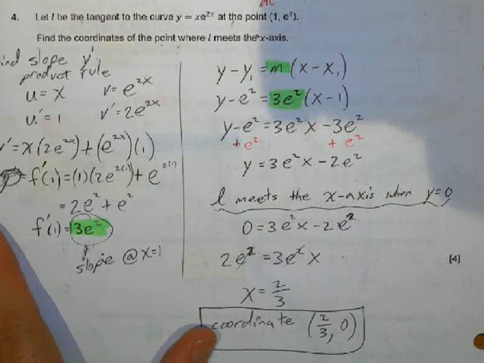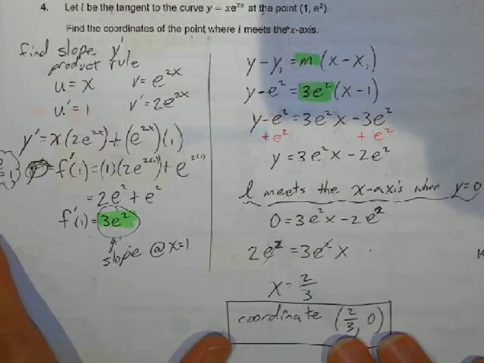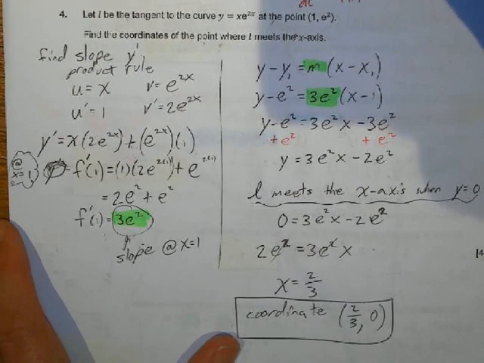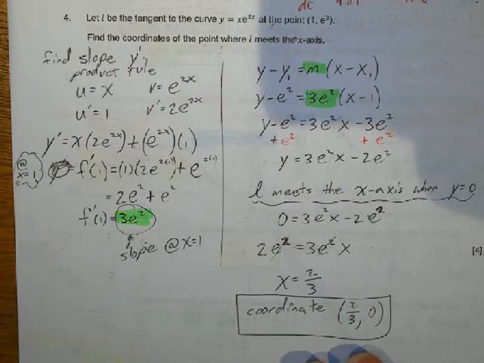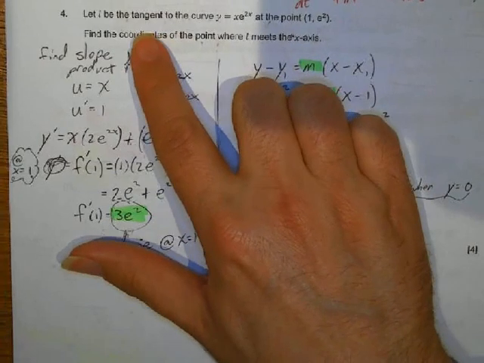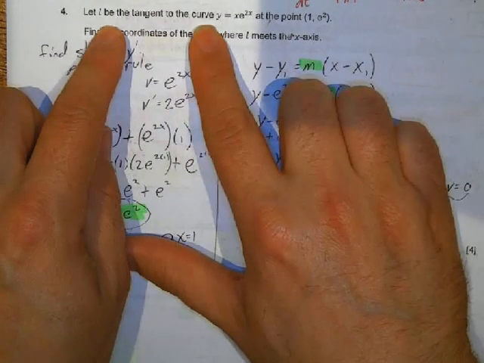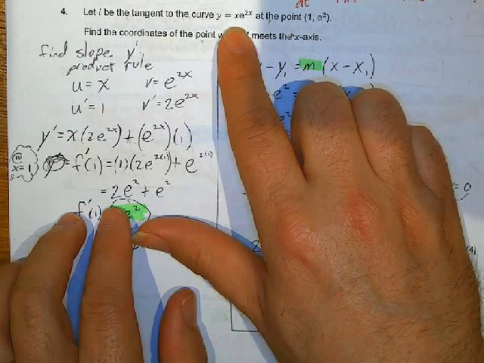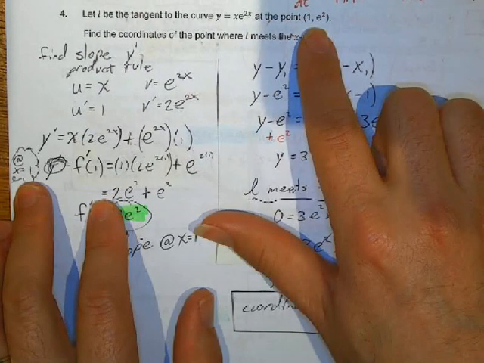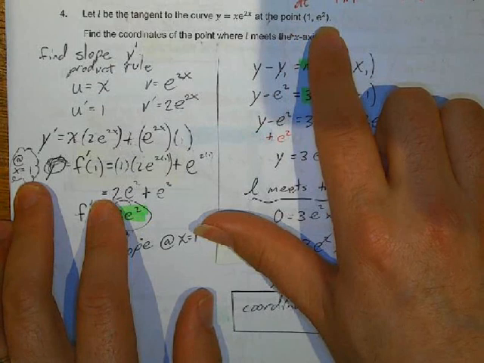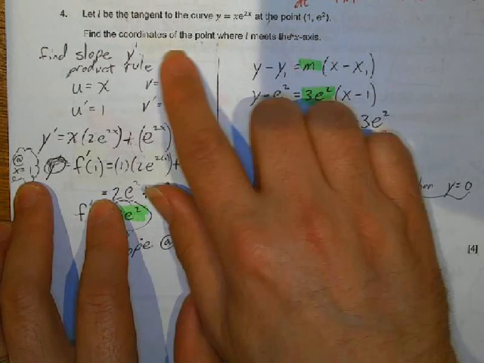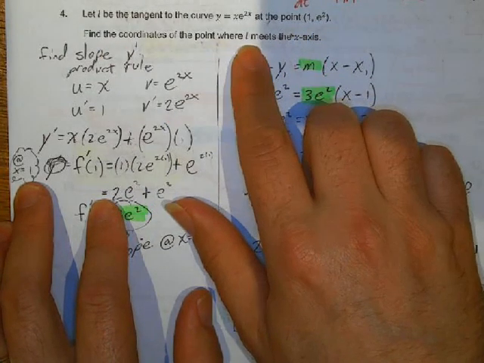Next question. We want to find the tangent line to this curve at point 1 comma e squared. Find the coordinates of the point where L meets the x-axis.